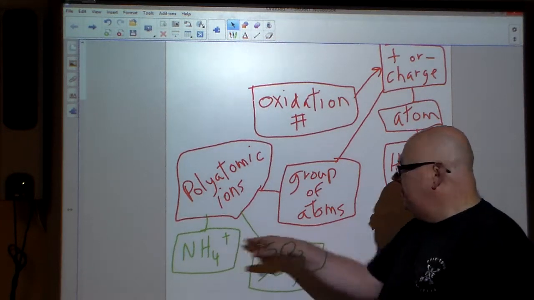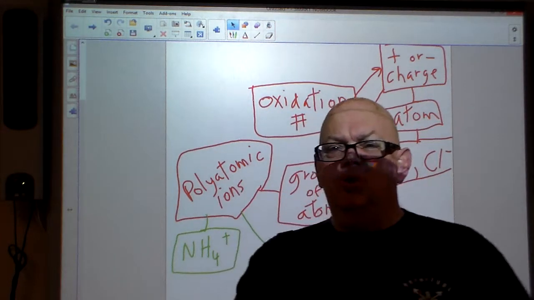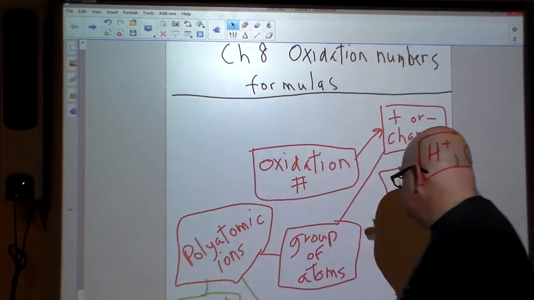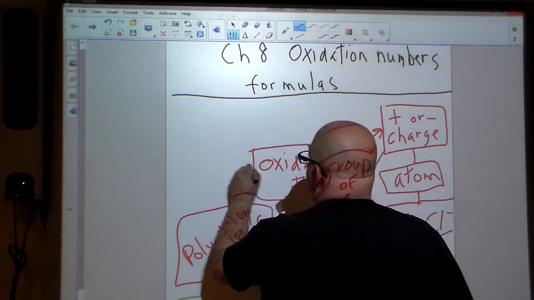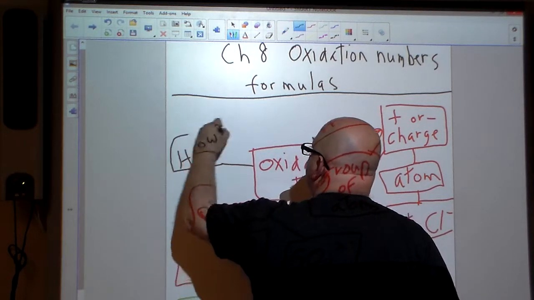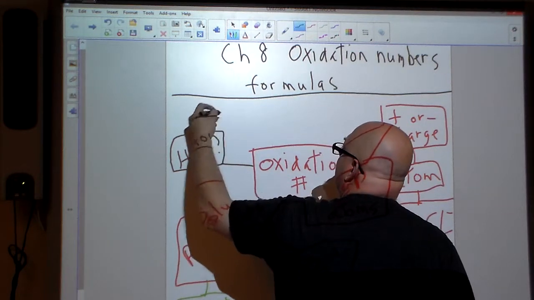You'd say, but wait a minute, what's up with the plus and the minus? I don't get that. What's happening? Well, remember the idea: how do we get these oxidation numbers?